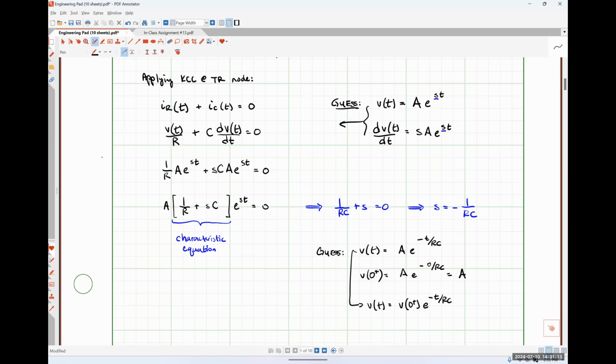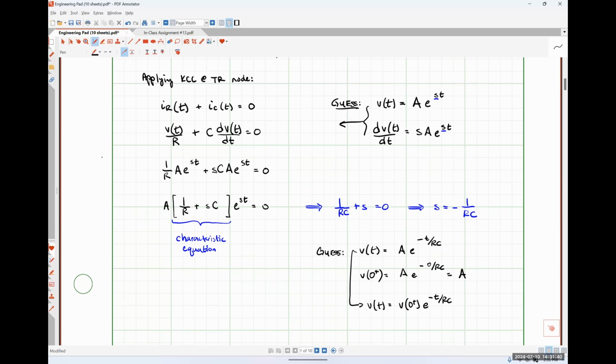So this equation is valid for literally any circuit that contains a resistance and a capacitance that is undergoing a transition. Regardless of how simple or complex it is, if we can simplify everything down to a single resistance and a single capacitance, this equation works.